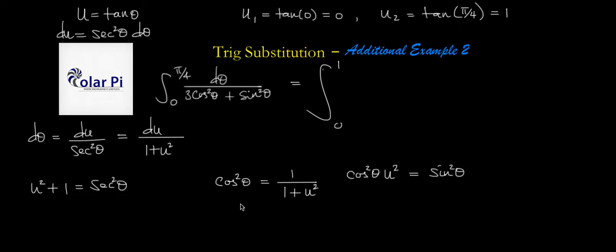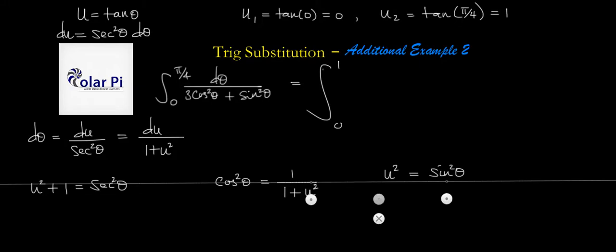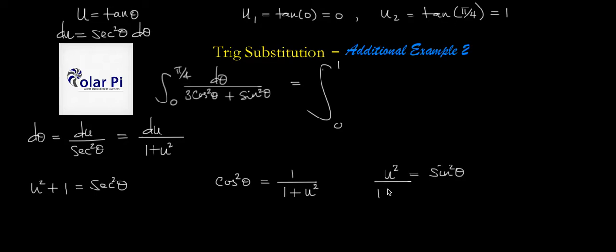But cosine squared is 1 over 1 plus u squared. So I can write u squared times 1 divided by 1 plus u squared, which is u squared over 1 plus u squared. So we've got sine squared, cosine squared, and d theta all figured out in terms of u. And so we could rewrite this whole integral entirely in terms of u.